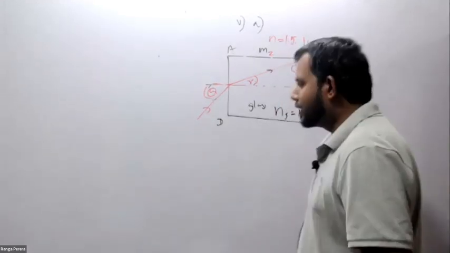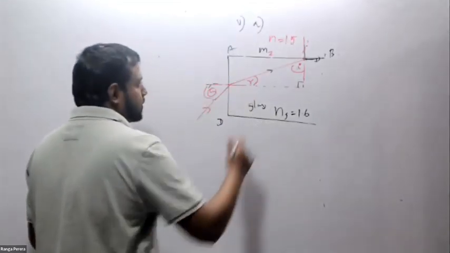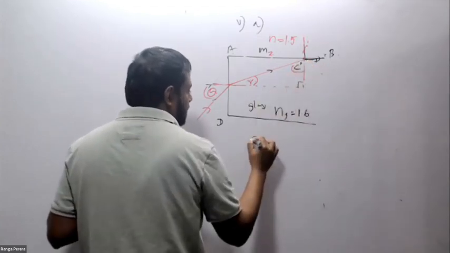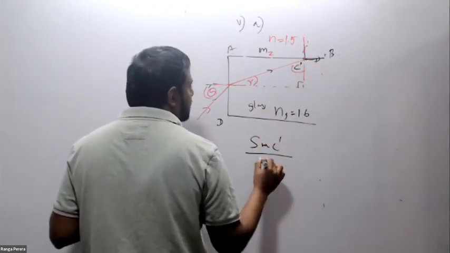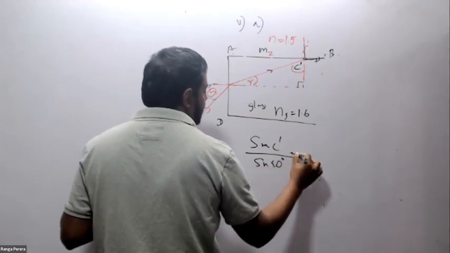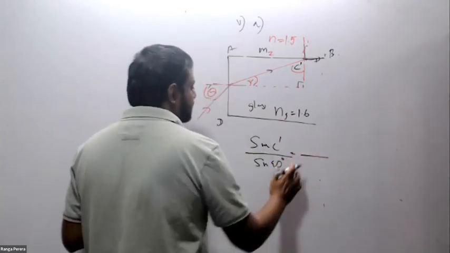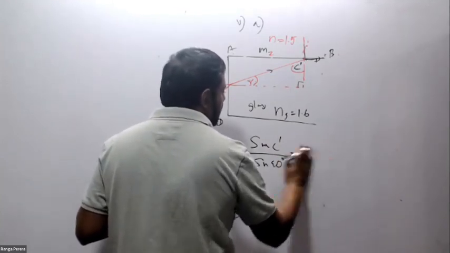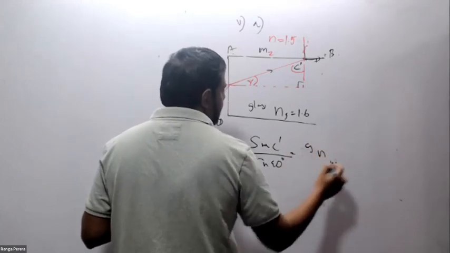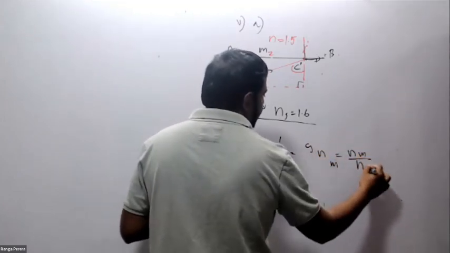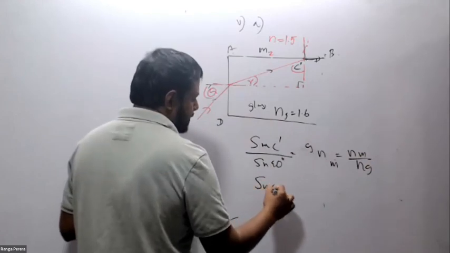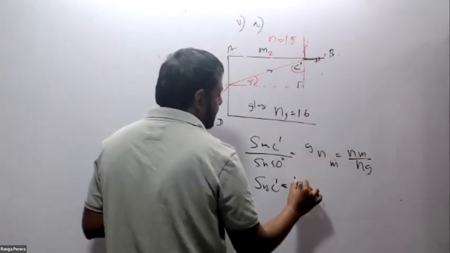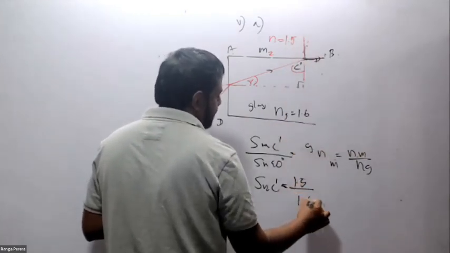Let's take the critical angle as C dash. Sin C dash over sin 90 equal NM over NG, the medium over glass. Sin C dash equal NM, it is 1.5, NG it is 1.6.